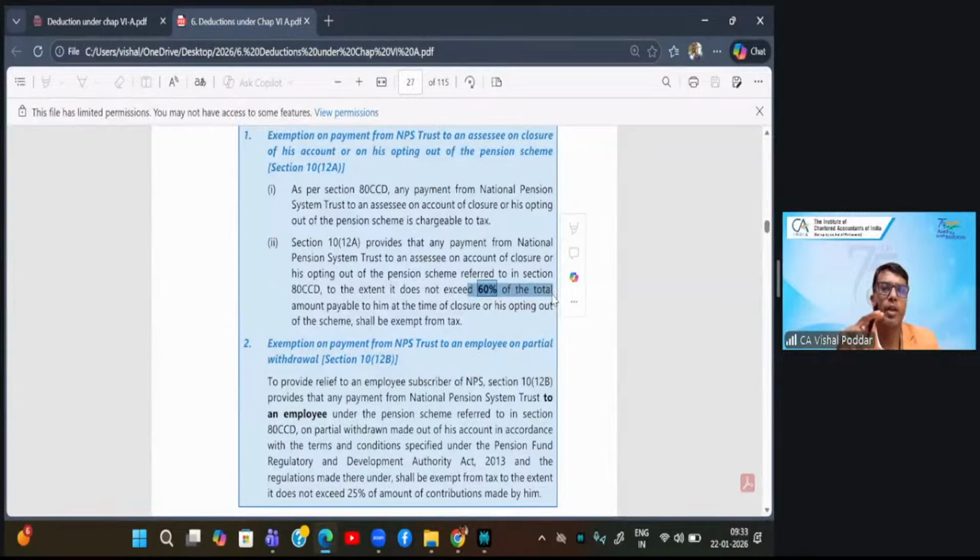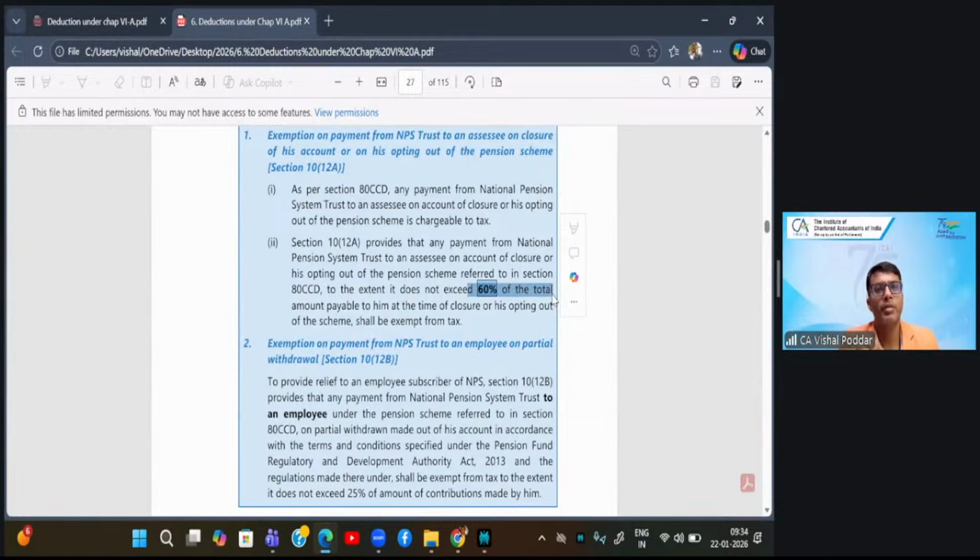So this 60-40 applies if you are closing the account and withdrawing the lump sum amount. If you are getting monthly pension, it is fully taxable. But if it is closure, withdrawing the amount, and if it is because of death, it is fully exempt. If not because of death, but you are closing it by your choice, then up to 60% is exempt. Now in the present budget, it is proposed that this 60% will be made 100%.